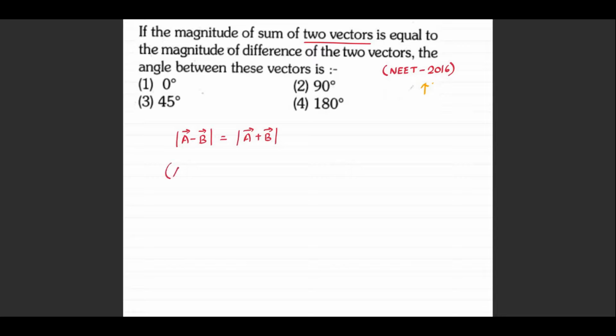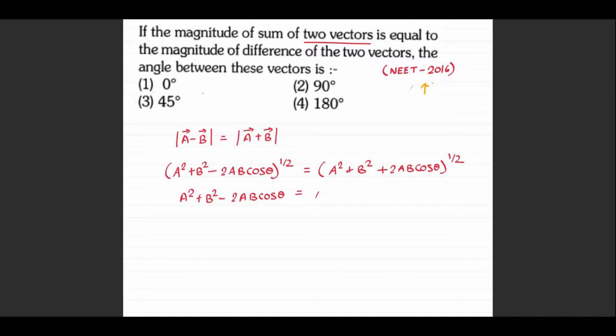So I can say this should be minus. If I square both sides, we get this.